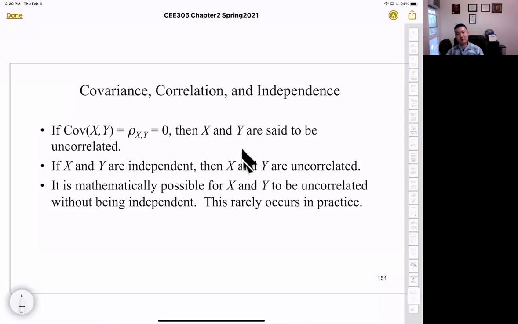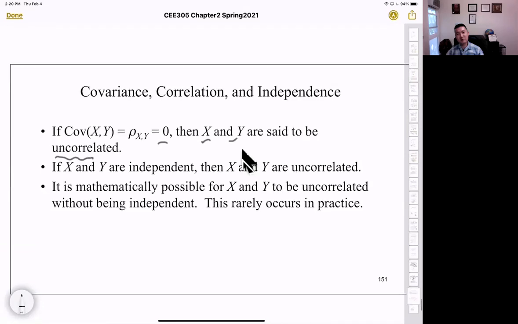The next slide tells us about correlation, covariance, and independence. Let's read it together. If the covariance and correlation both equal 0, then we call x and y uncorrelated. If x and y are independent of each other, then they are also uncorrelated.